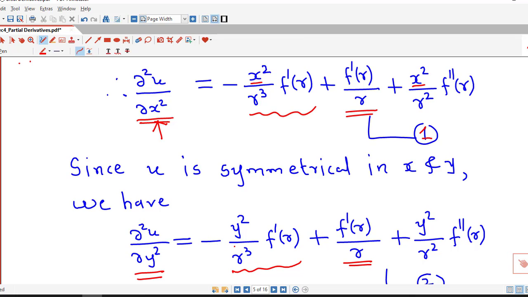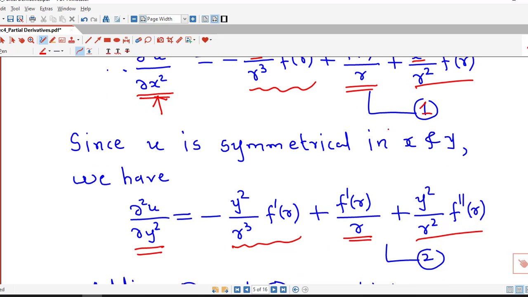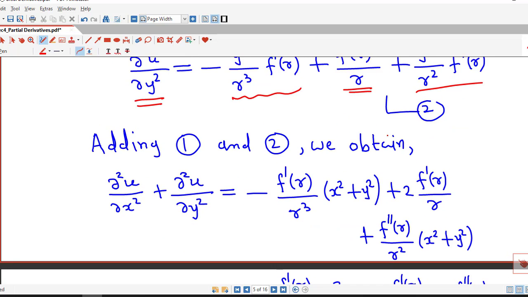We can take the negative sign also common. So we can write the addition of these two as minus f dash r by r cube times x square plus y square. And in the last terms, f double dash r by r square is common. In the bracket we will have x square plus y square. So that we have written here.